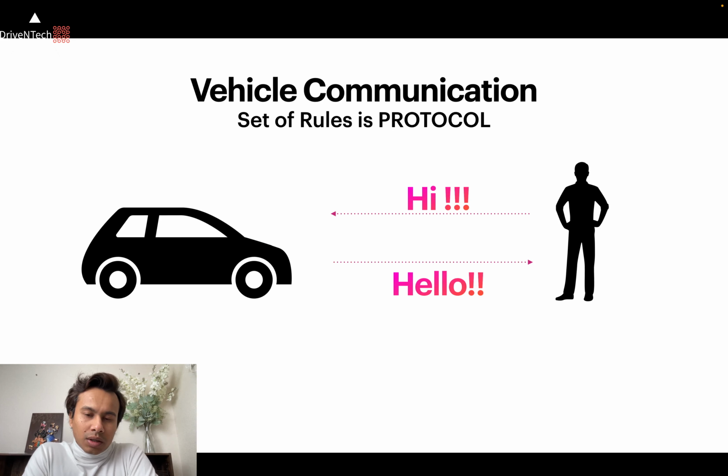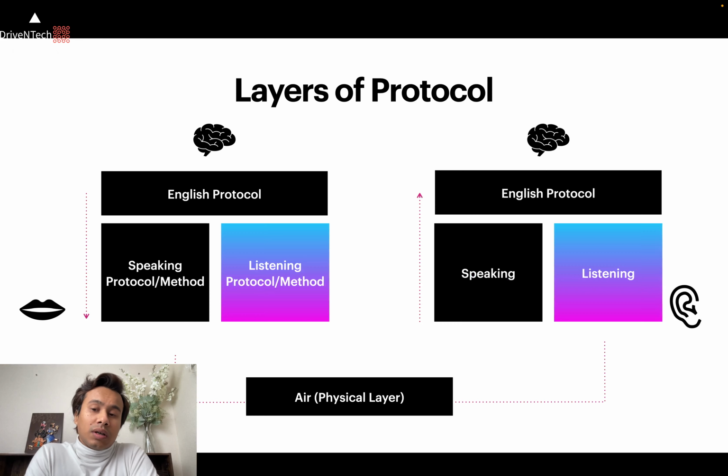There are different layers, different protocols, and what can be said. In English we can say so many things, but for vehicle communication we have a specific set of words and a specific set of ways in which we can say them, and the physical layer is also different.